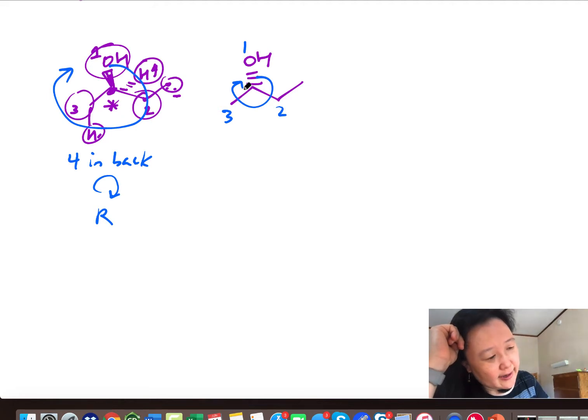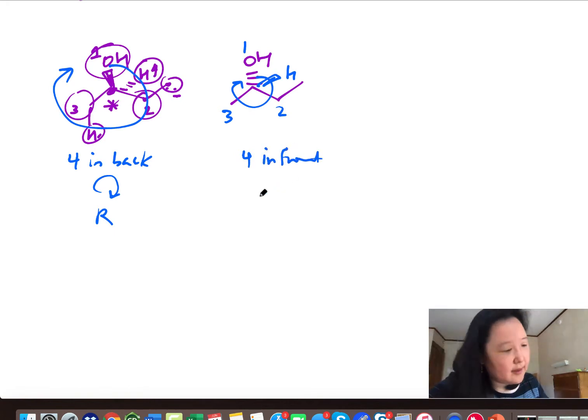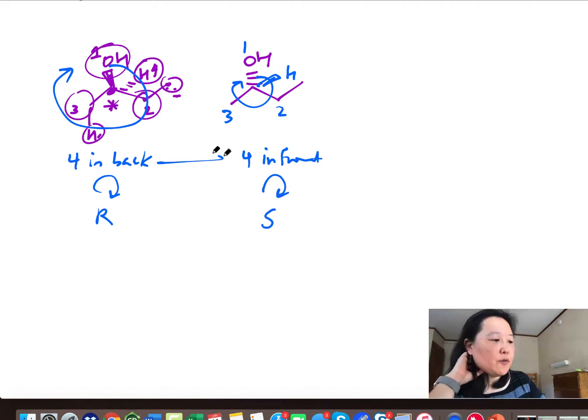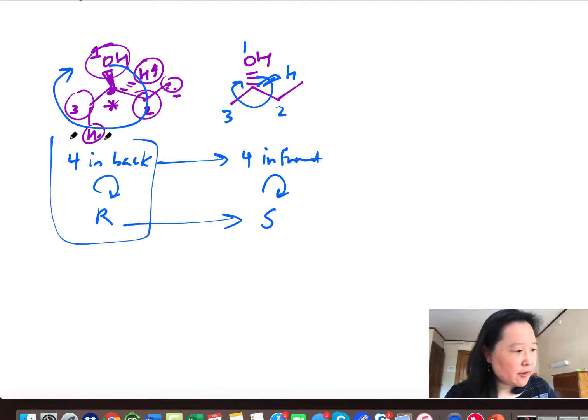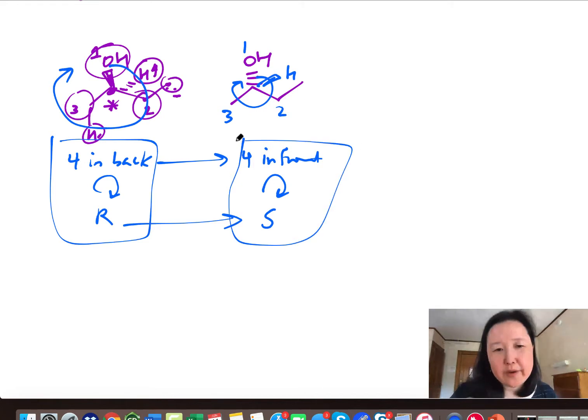It looks like R, but hydrogen's in the front, so I reverse it. If 4 is in the front and we go this way, that's going to be S. So the rules switch here, depending on where number 4 is. So just learn either this one or this one. You don't have to learn both, but it helps a lot.